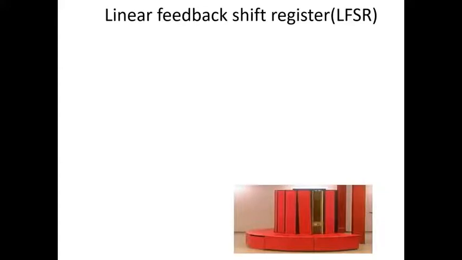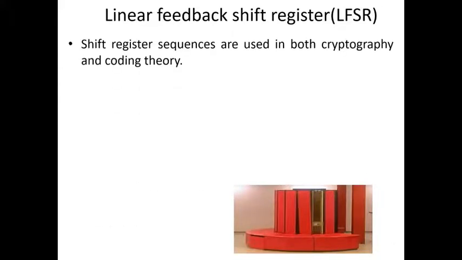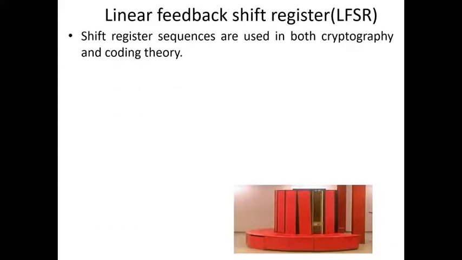So what is an LFSR? A linear feedback shift register, we are very familiar. You have used it in ITC, right? In cyclic codes, remember, the generator and both encoder and decoder are nothing but linear feedback shift registers which you have used.